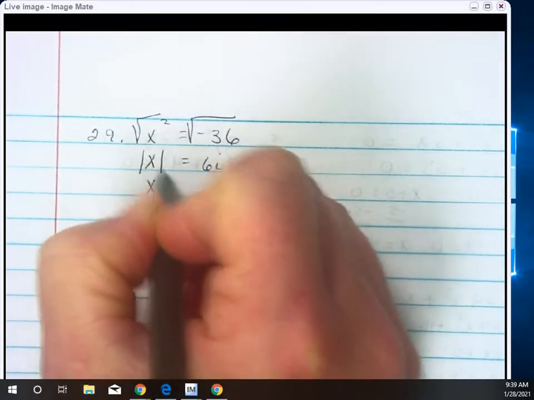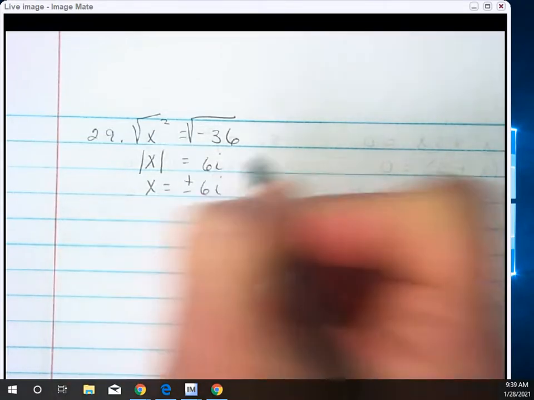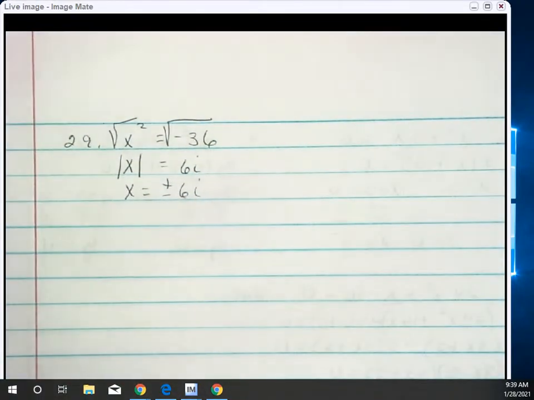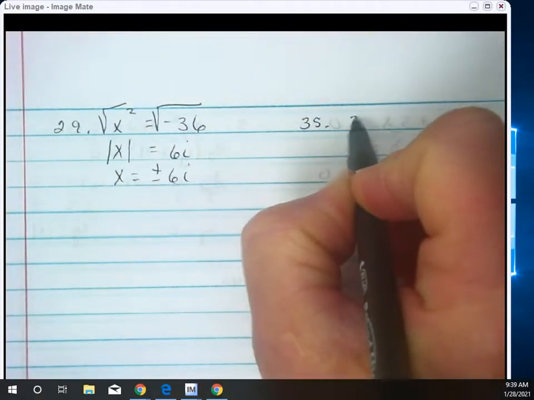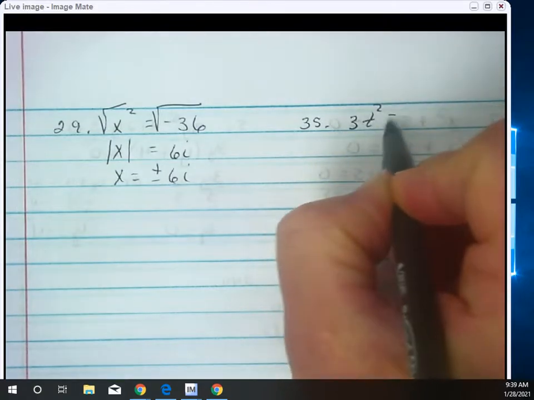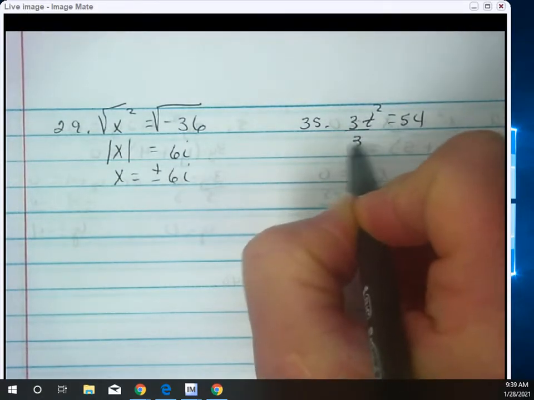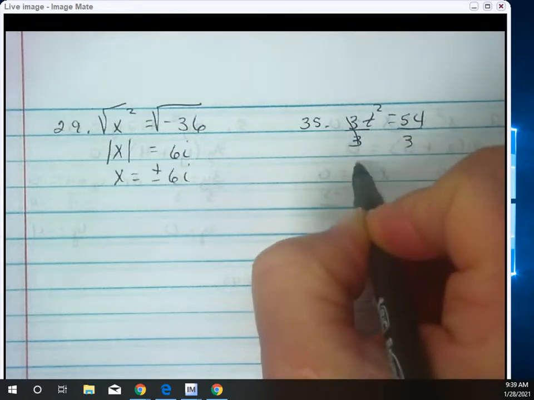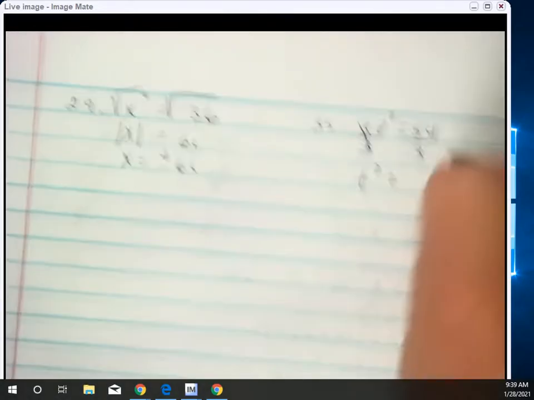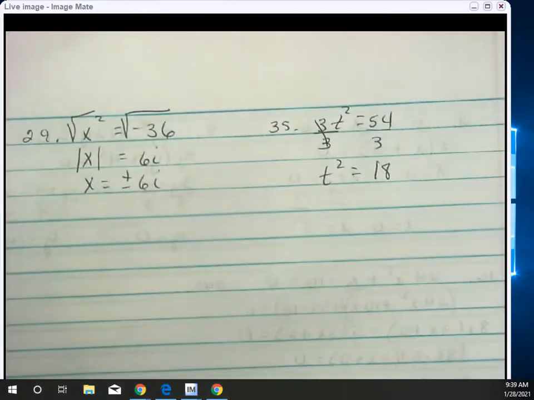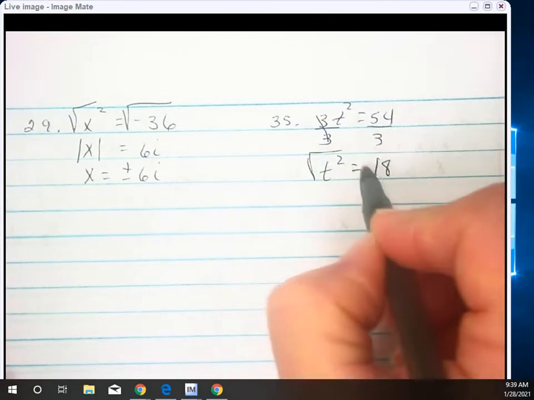Well, the absolute value says there are two numbers from 0 on the number line, so remember you're going to have two answers. When you have problems that have a number in front, the first thing you want to do is divide and get rid of that number to get the variable with the square on a side by itself first. Okay, so then we have the 18, and now we're going to take the square root.